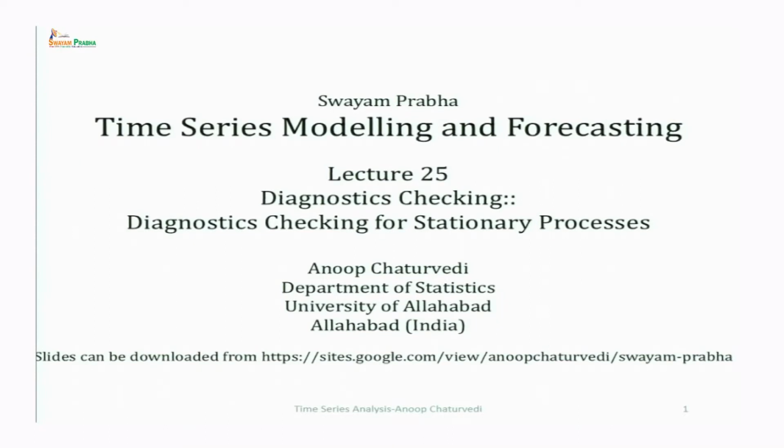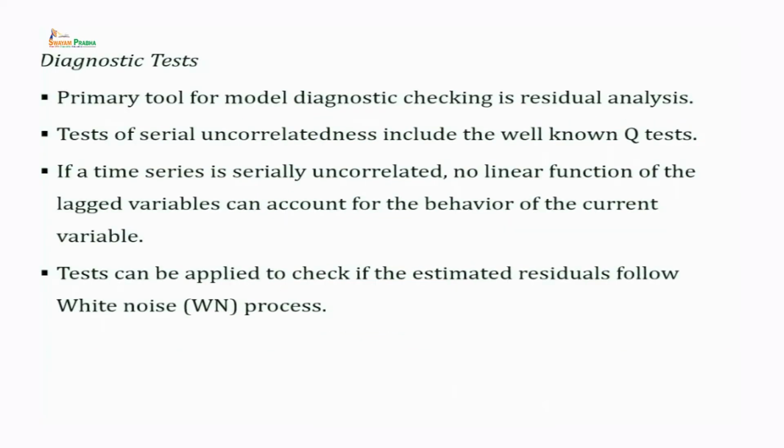So, in this lecture, we consider different diagnostic checking methods for stationary processes. Basically, these diagnostic tests are primary tools for model diagnostic checking in residual analysis. And in these tests, we test for serial uncorrelatedness, and for that purpose, we use the well known Q tests.